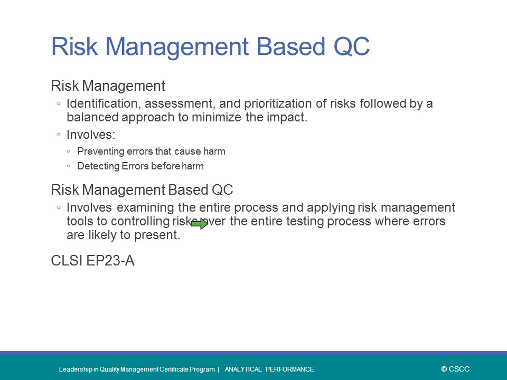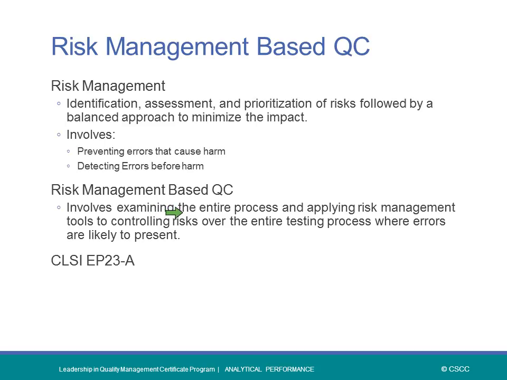Are there checks, for example, of the photometers used in our large chemistry analyzers? What kinds of checks are being carried out on a routine basis to affect this? But even moving earlier on in the process, how about the sample collection process? How about the time between collecting the sample, centrifuging the sample? What happens to the sample from the time of centrifugation until it arrives on our analyzer for an analysis?